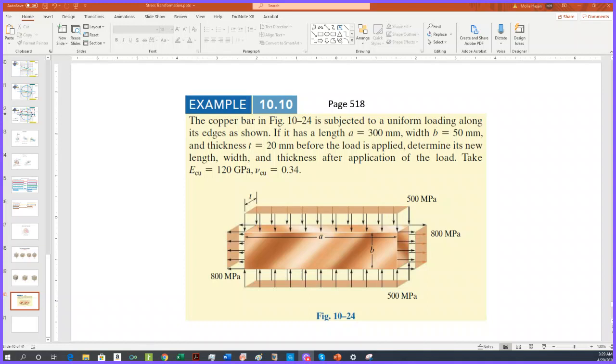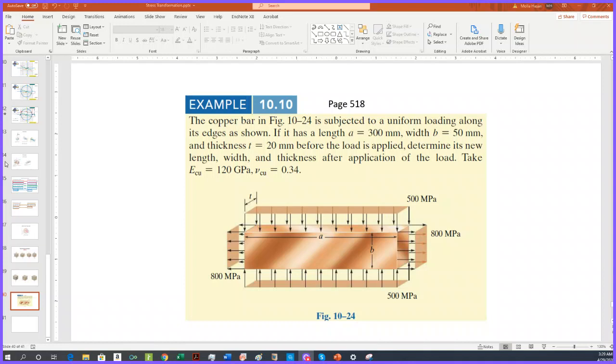In this problem, a copper bar is subjected to a uniform loading along its edge as shown in the figure, and the copper bar has a length A equal to 300 millimeter, width B equal to 50 millimeter, and thickness T equal to 20 millimeter before the load is applied.